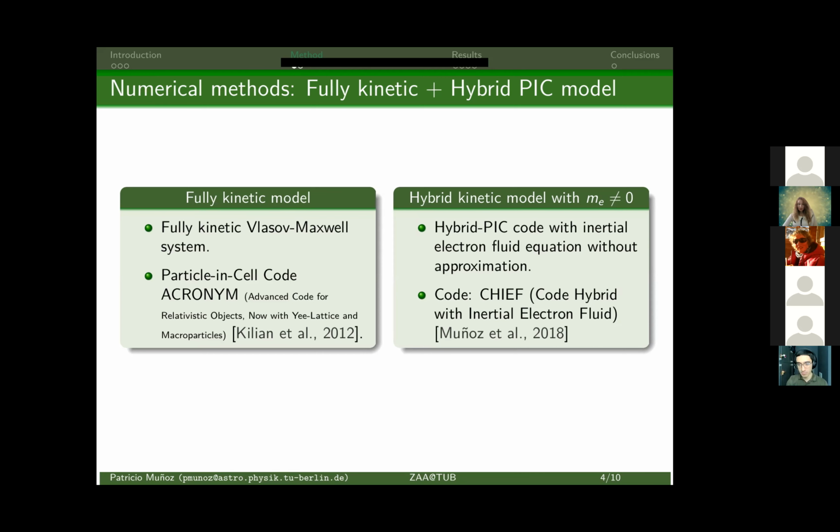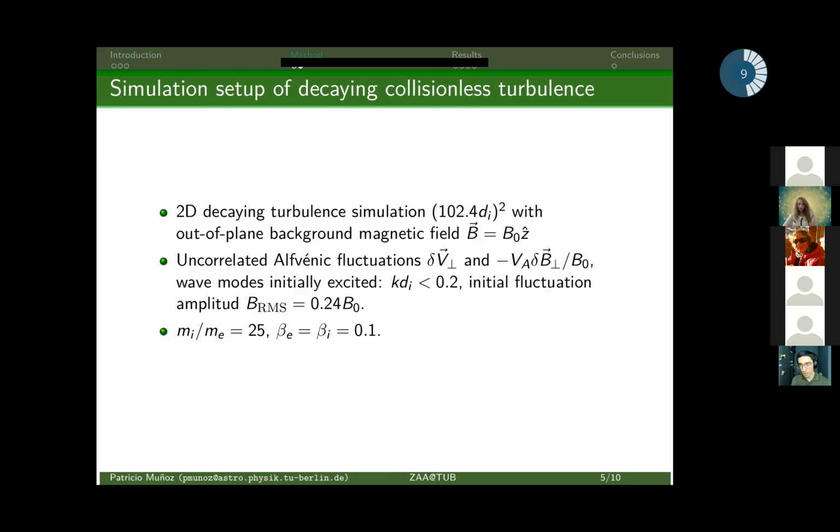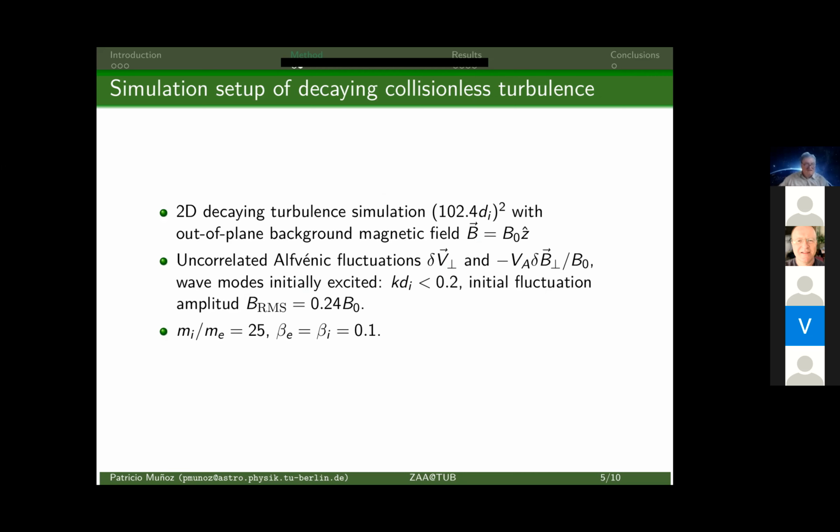The numerical setup is just simple two-dimensional decaying turbulence with an out-of-plane background magnetic field. So the perpendicular scales are on the simulation plane.